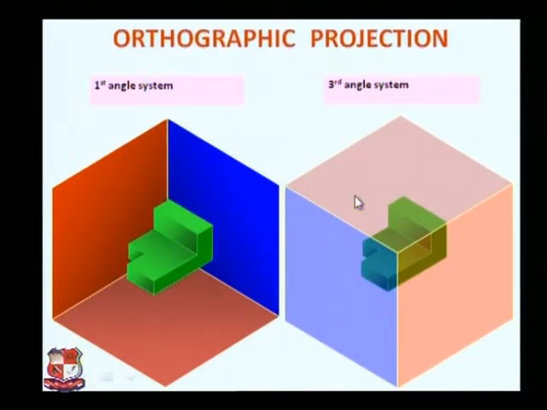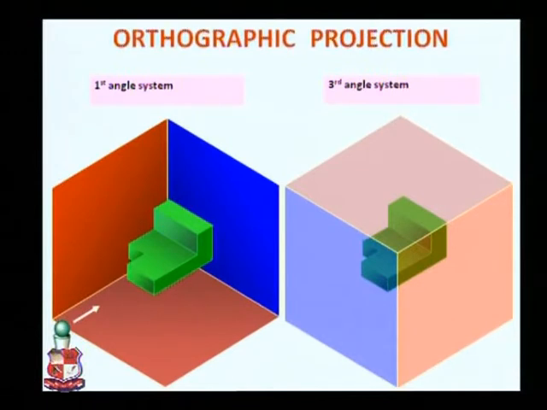Whereas in the third angle projection method, we assume that a projection plane is between the observer and the object. Suppose we are sitting here looking from here, here is the object, so between object and observer the plane is there in the third angle projection method.